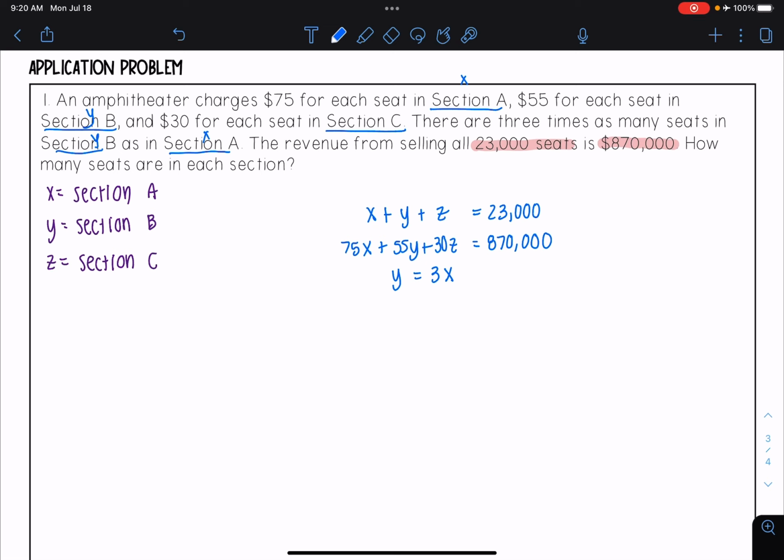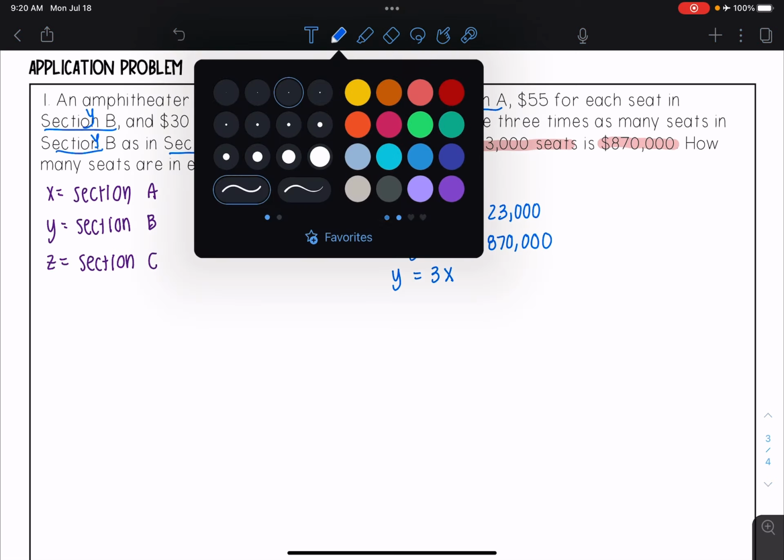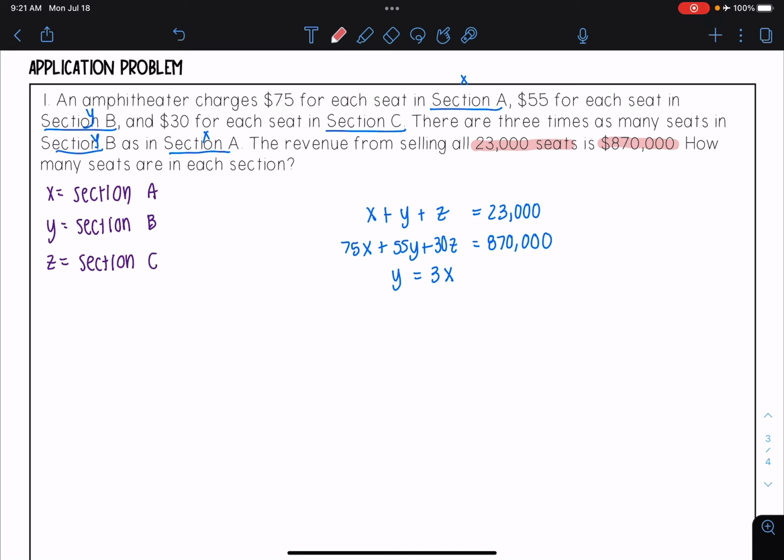Now I need to go ahead and actually solve this system. So this one looks a little different from the problems that we did before, where all 3 equations looked like these first 2. Here, I actually have my third equation is already in only 2 variables. Z isn't in that one.